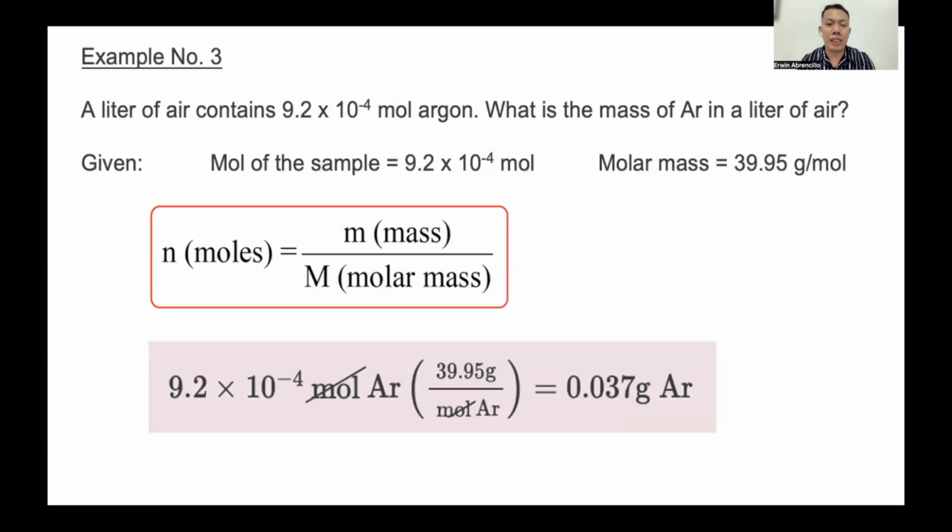Since the given is in mole, we have to cancel mole for us to be able to get mass. So it is 9.2 times 10 to the negative 4 times 39.95 grams, which is equal to 0.037 grams of argon. So I hope that you are getting the idea now.